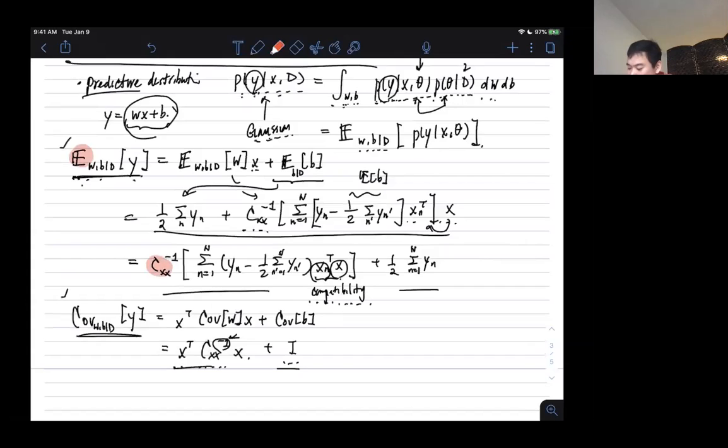Then it depends on the outputs of the data set, the inputs of the data set, and also the outputs of the data set. And then we have the new input x there. So in other words, we don't have weight nor bias in this case. We have successfully marginalized them out. The predictive distribution is entirely dependent on the new input and the data.